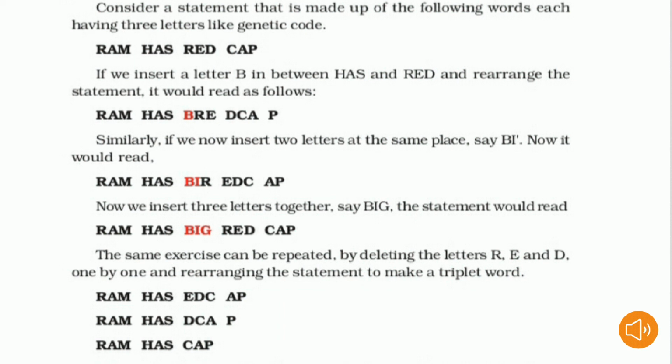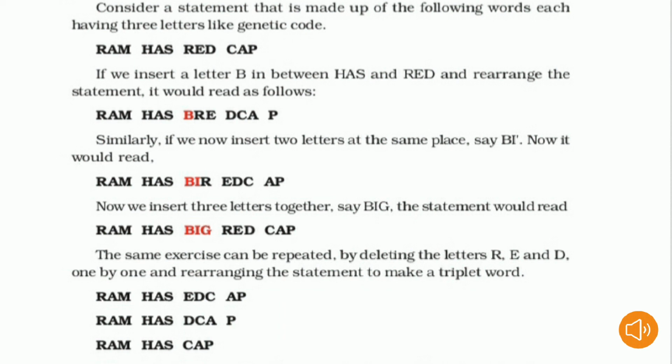Similarly, the same exercise can be repeated by deleting the letters R, E and D. We remove the letters R, E and D one by one and rearrange the statement to make triplet words. See the statement RAM, HAS, EDC and AP.